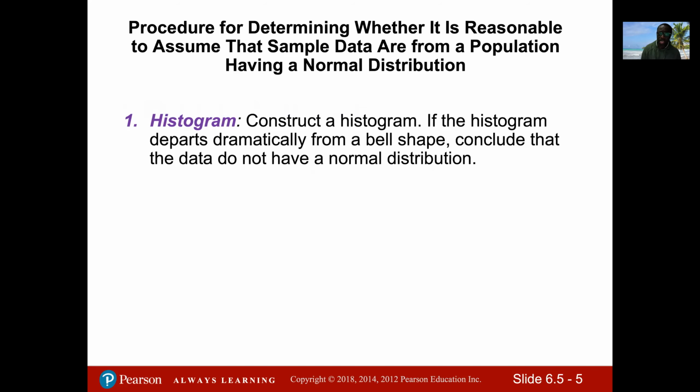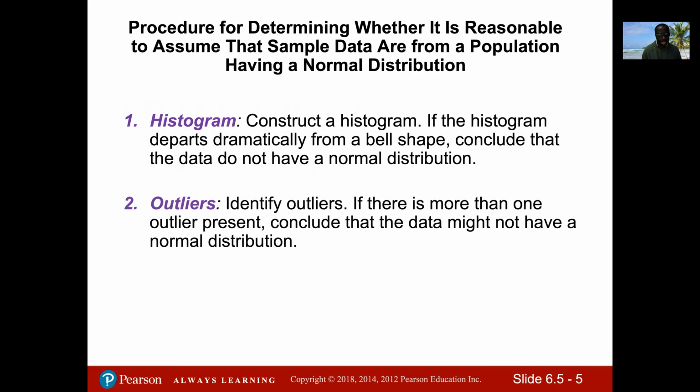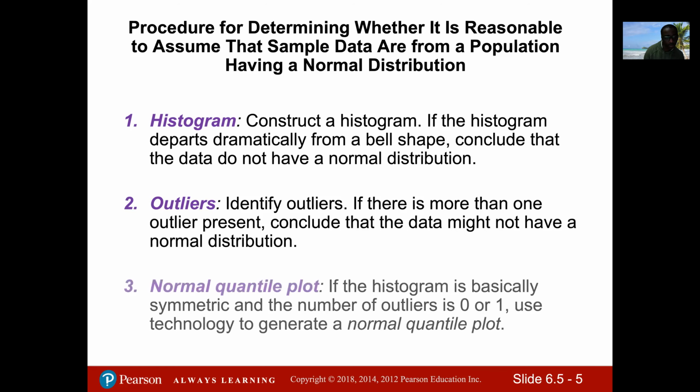In other words, if your histogram is a bell shape or roughly bell shape, we conclude it is from a normal distribution. Okay, and for outliers, if there is more than one outlier present in the histogram, you conclude that the data might not have a normal distribution, okay, more than one. So if you have 0 or 1, then possibly we can conclude that it is from a normal distribution.